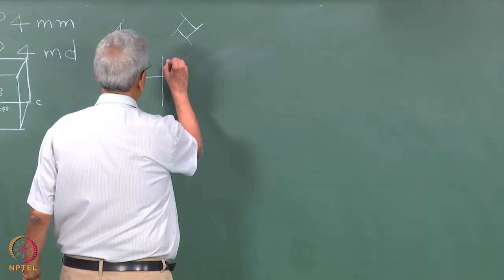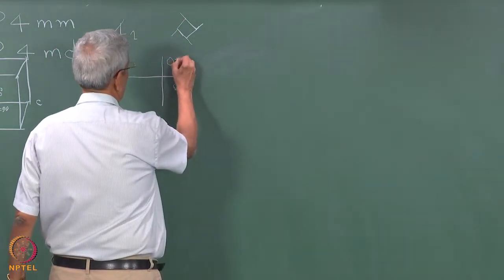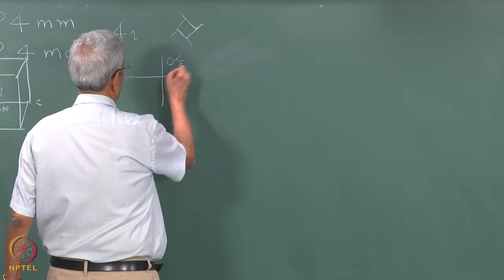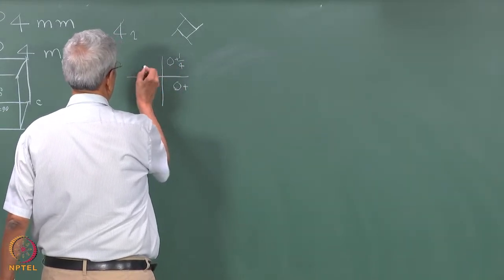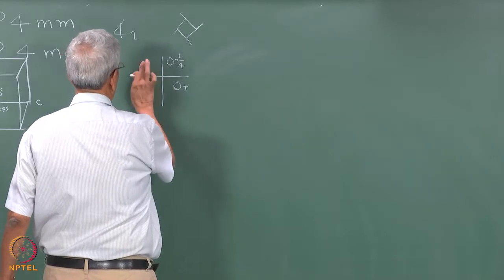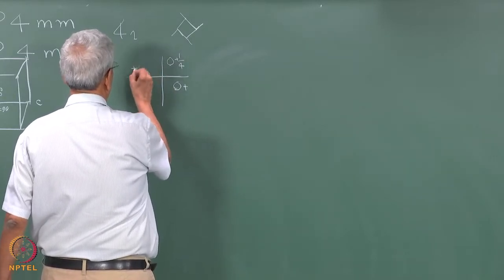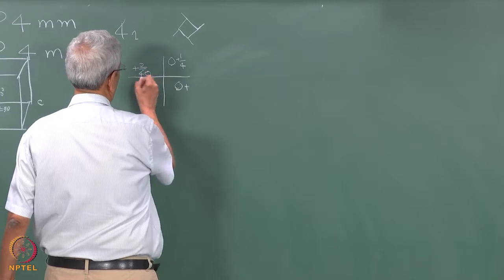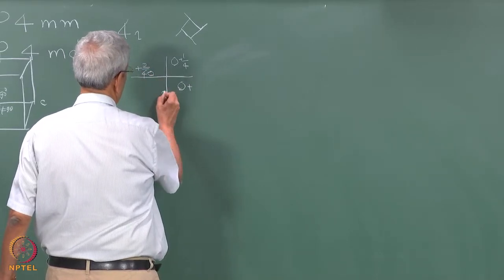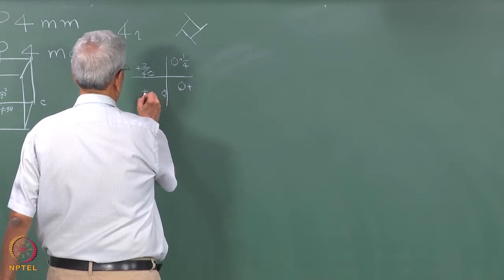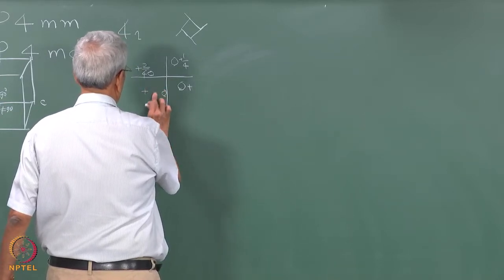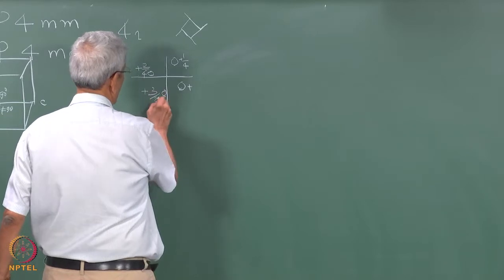So it will come somewhere here plus 1/4, then again another 90 degree plus 2/4, then it will come somewhere here plus 3/4, correct?